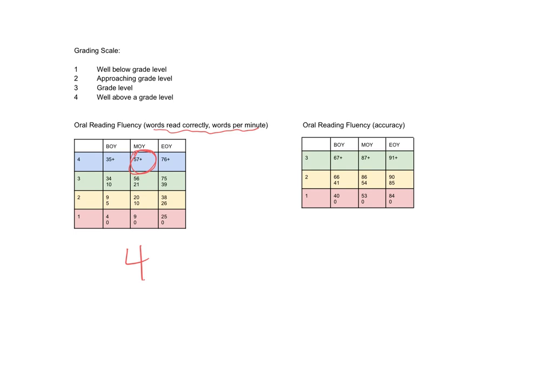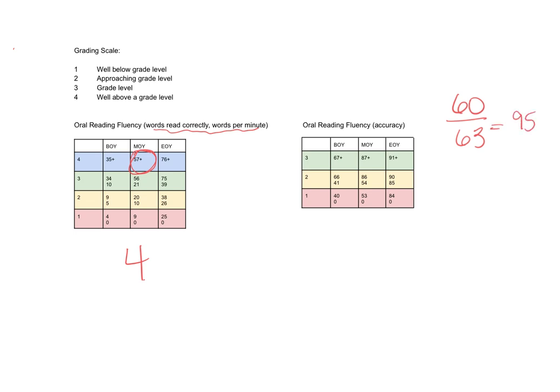Now, for oral reading accuracy, I'm going to have to do a little bit of a calculation. So for this one, I know that the child read 60 words that were correct out of 63. So it's like I'm wanting to have a percentage of the total words that were read correctly. So when I do that math, I see that that's going to be a 95.